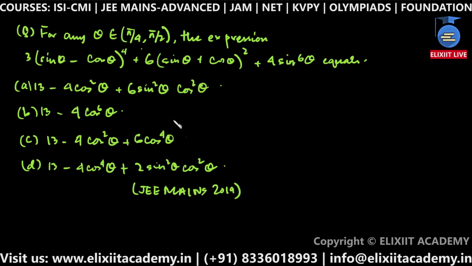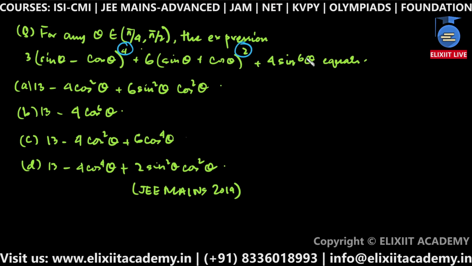So what students did is they simply expanded this. Obviously that is a bit time consuming, and there can also be chances of making mistakes. In this case you will have calculations: whole to the power 4, whole square, and then certain terms.